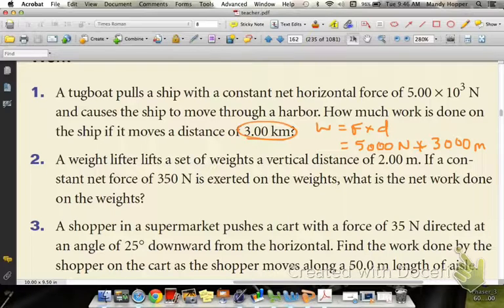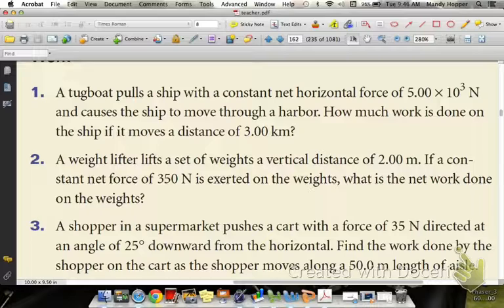The answer is 1.5 times 10 to the 7th joules. Even if for some reason your calculator doesn't give it, you should still put it in proper scientific notation. Okay. Move on to the second one.